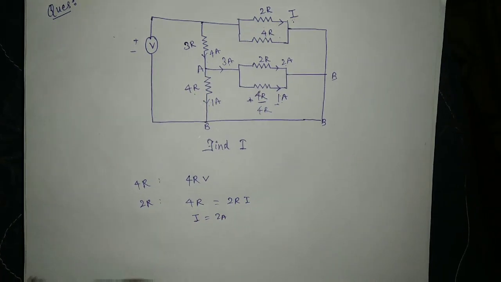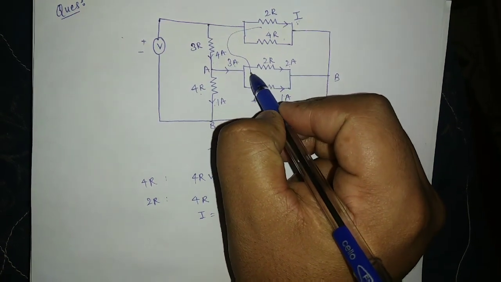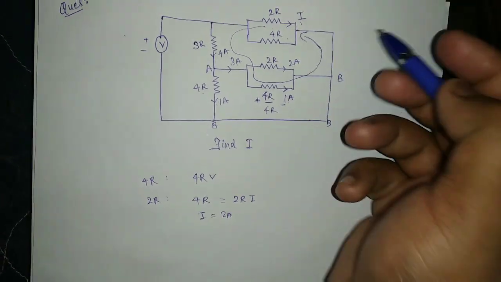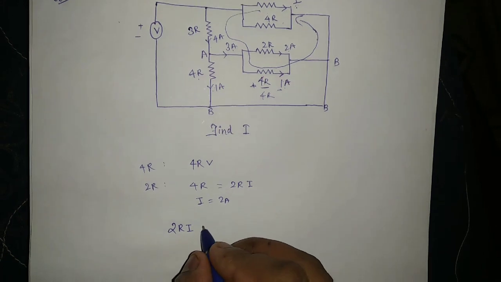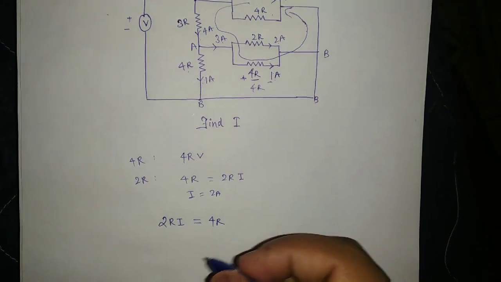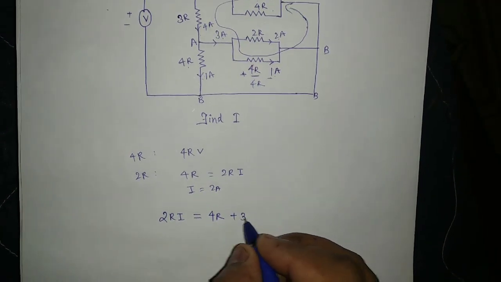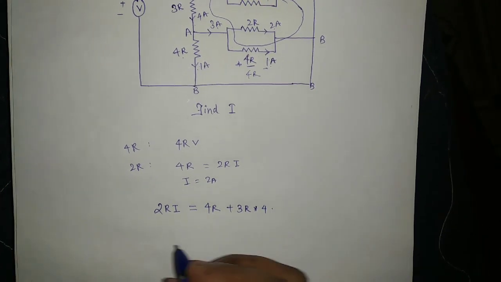Now simply apply KVL in this loop. So 2RI is equal to 4R plus 3R into 4, that is 12R.